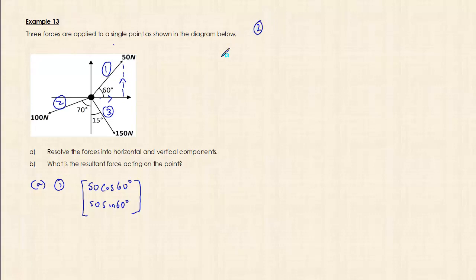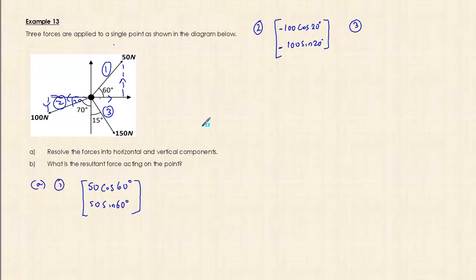Now let's look at force 2. So we want to go this way and this way. This is 70, this one's 20. So we can say that this one here is 100 cos 20, and that would need to be negative because it's going this way, and then negative because it's going downwards, 100 sine 20.